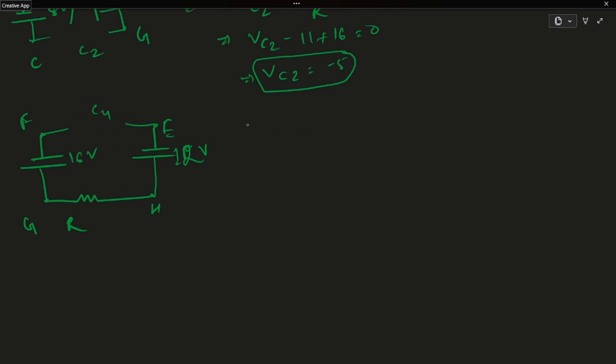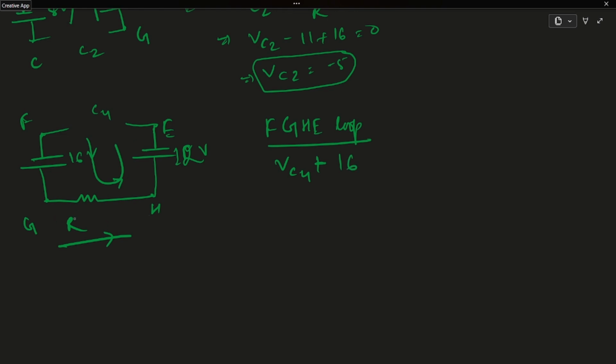I'm taking the FGHE loop. Let the voltage drop be VC4. As I move from F to G, there is a voltage increase of 16 volts, plus 16.